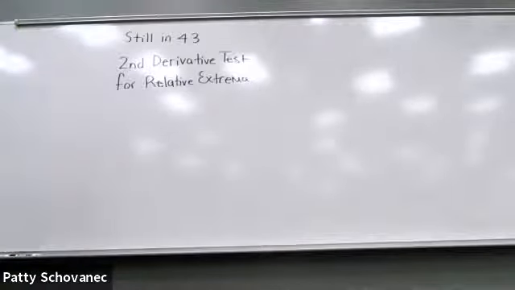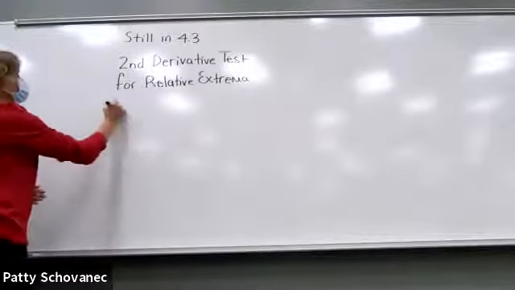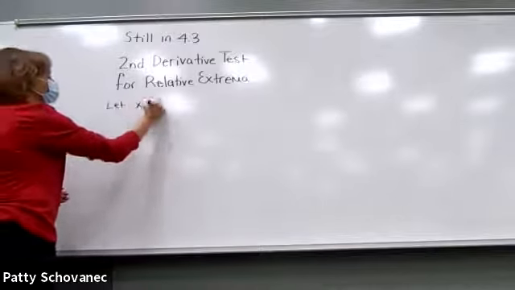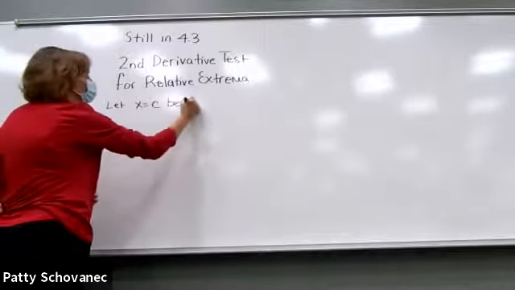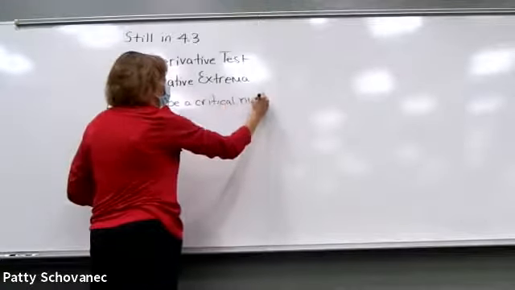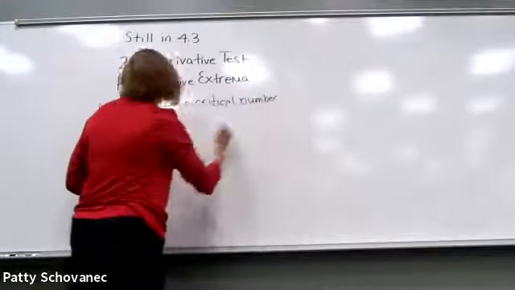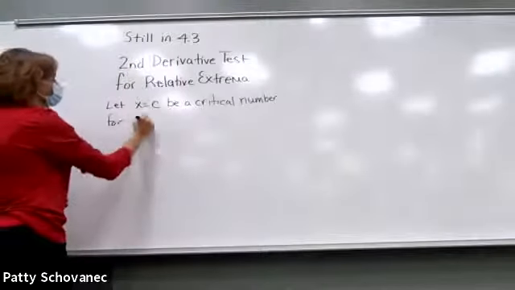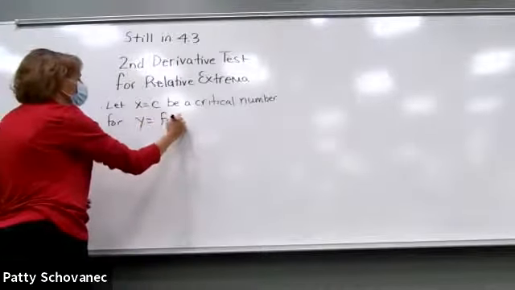So the same requirement is that if a function has a relative max or min, it has to occur at a critical number. So let's let x is equal to c be a critical number for some function y is f of x.